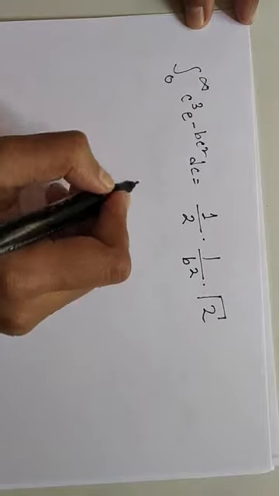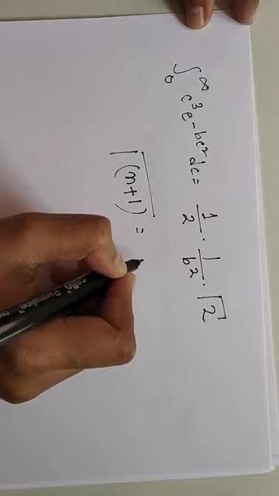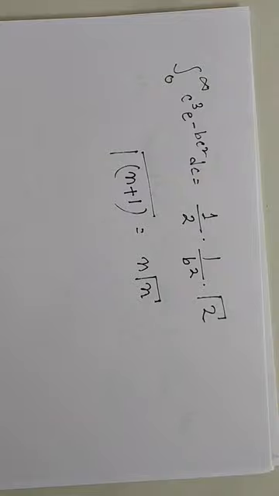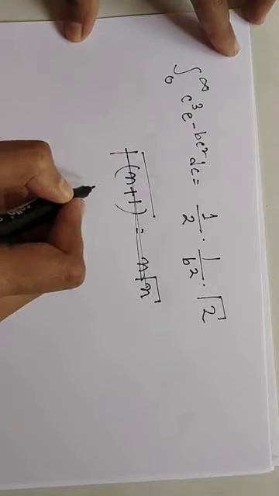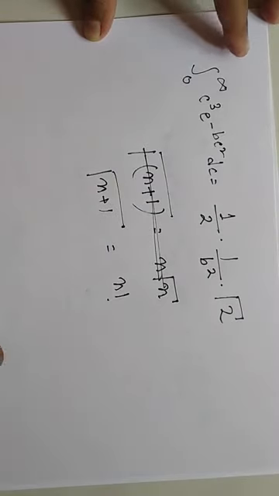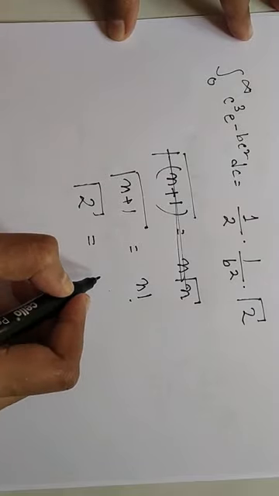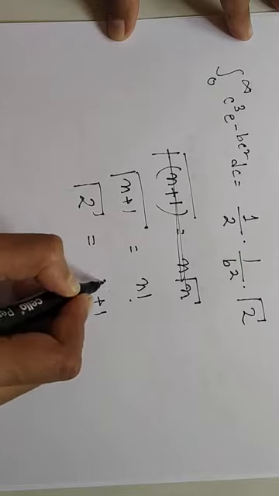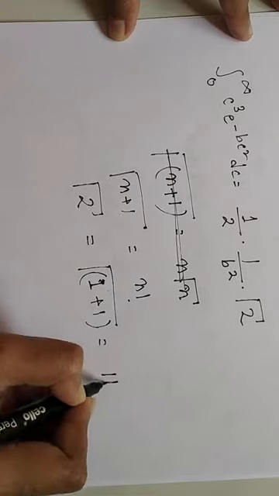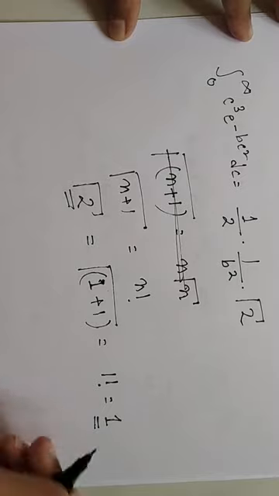So if you remember, the gamma function of n plus 1 was factorial n. We have gamma 2. If we write it in the form of n plus 1, then it will be something plus 1, and in our case this something n is 1. So 1 plus 1 will be factorial 1, which is 1. So gamma 2 is equal to 1.